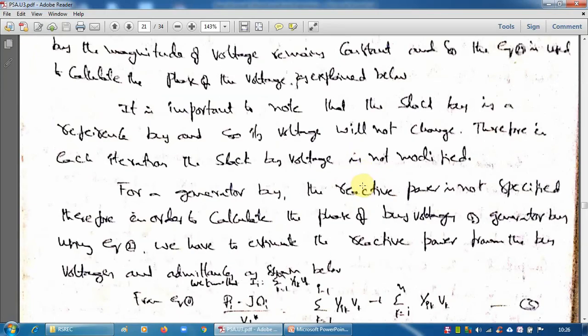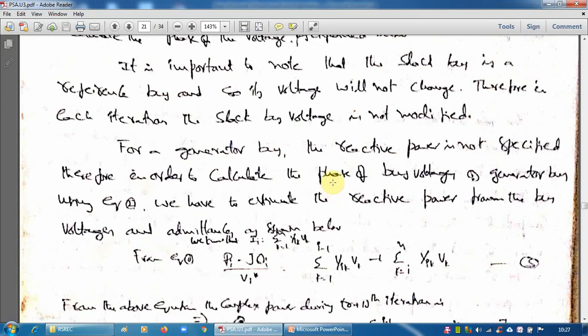We know that at generator bus, P and V are given. P, that means real power, and voltage magnitude V are given. We need to calculate Q and delta. So that is the change.